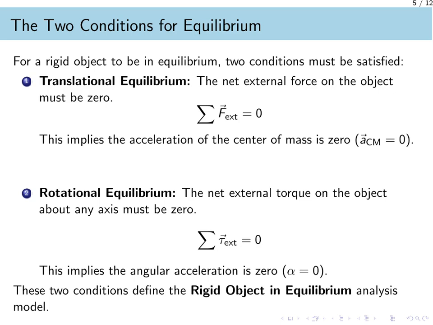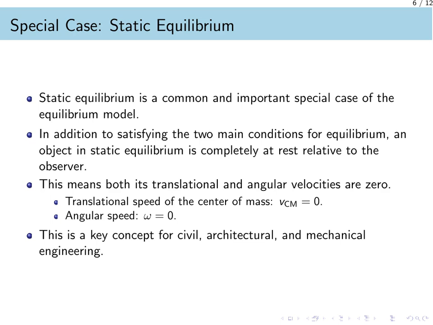For example, a perfectly balanced seesaw is in equilibrium because the upward force from the pivot cancels the downward weights, and the torques from each side cancel each other out. These two requirements, zero net force and zero net torque, together define our analysis model, which we call the rigid object in equilibrium model.